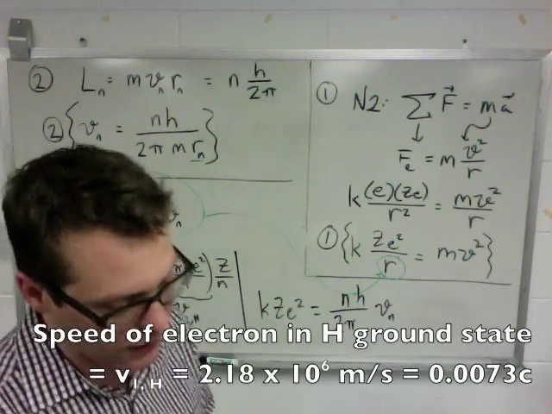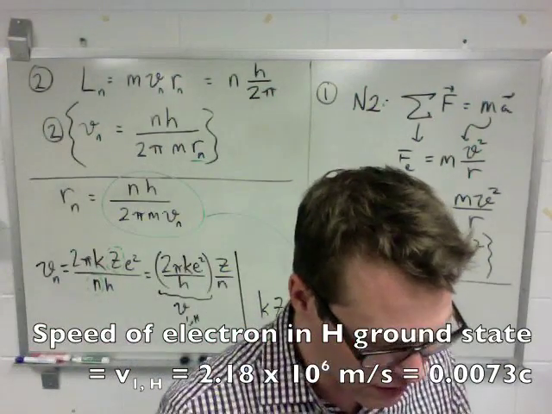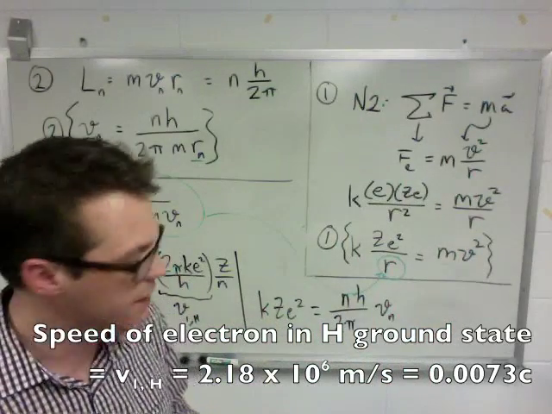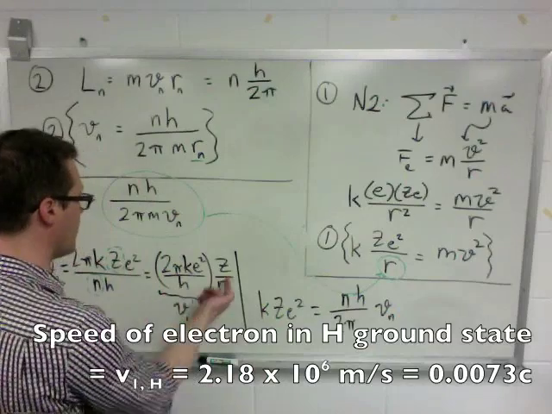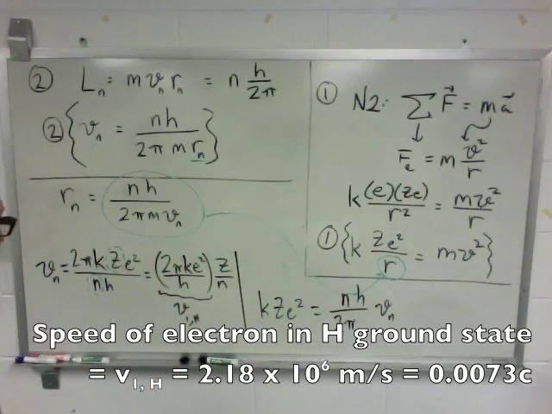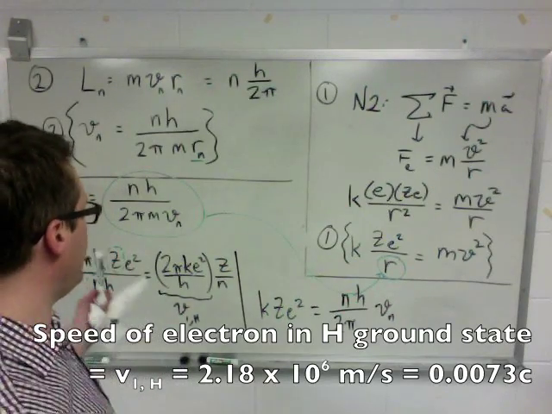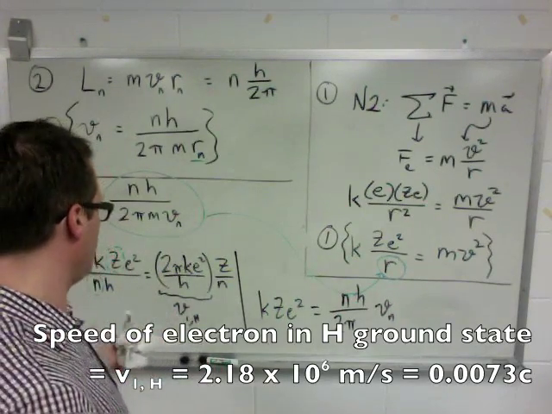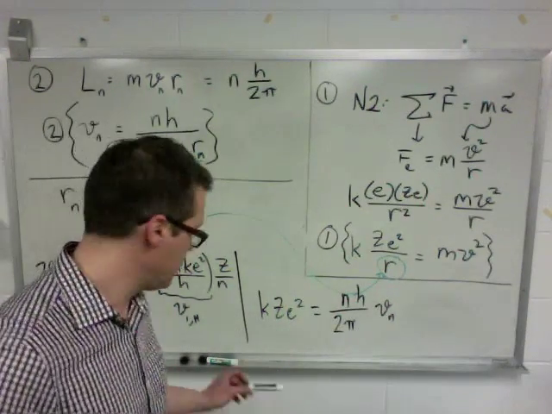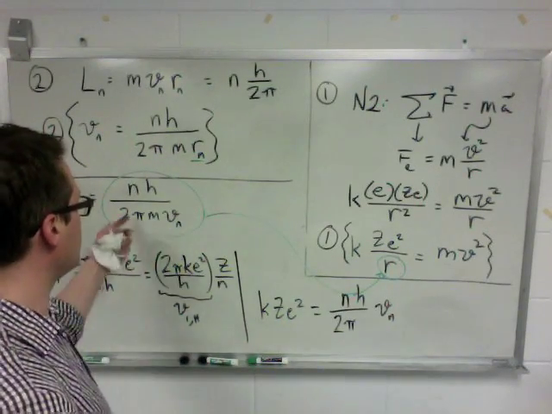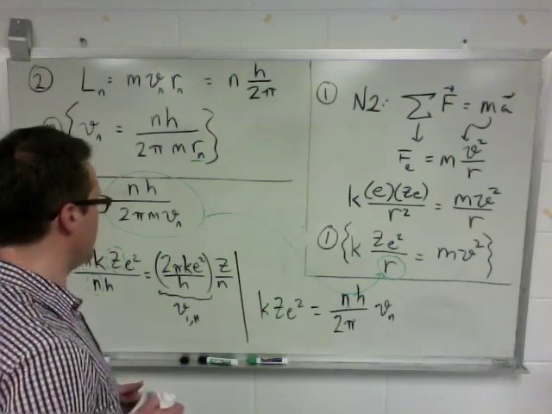If you calculate that, you get something along the lines of about 2.18 times 10 to the 6 meters per second, and again, that's just a number times your z divided by n. So what we've done is we have calculated the various allowed velocities in our Bohr orbit. Okay, so this was the second equation that I showed you.